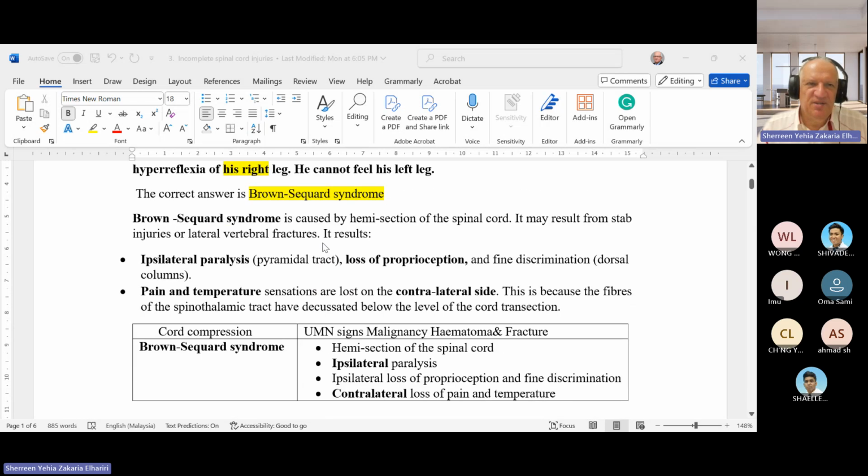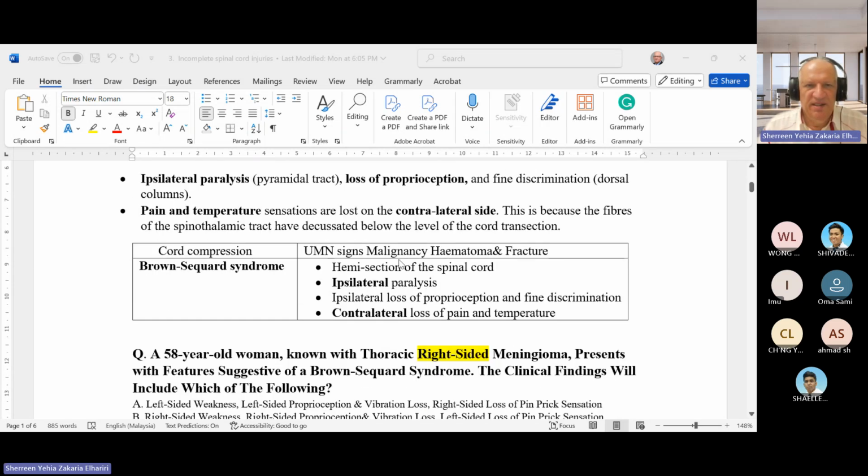But just know that in Brown-Sequard syndrome, they have paralysis on the same side, loss of proprioception and fine discrimination on the same side, and pain and temperature loss on the contralateral side. So ipsilateral paralysis means motor paralysis. Proprioception and fine discrimination may be difficult for the patient to notice, but contralateral loss of pain.